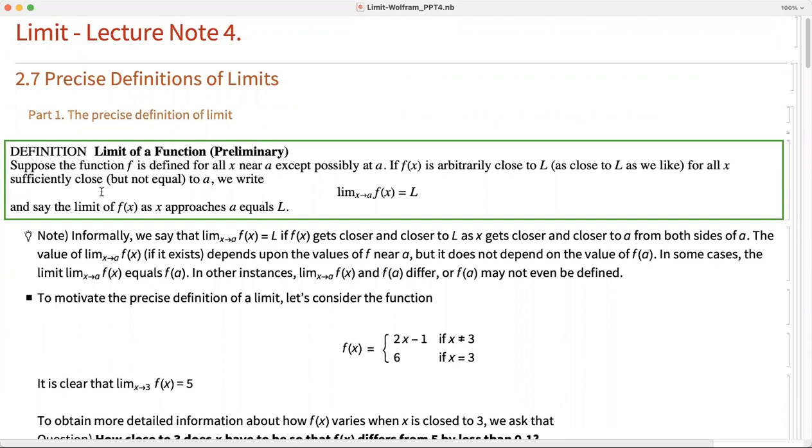Suppose the function f is defined for all x near a, except possibly at a.